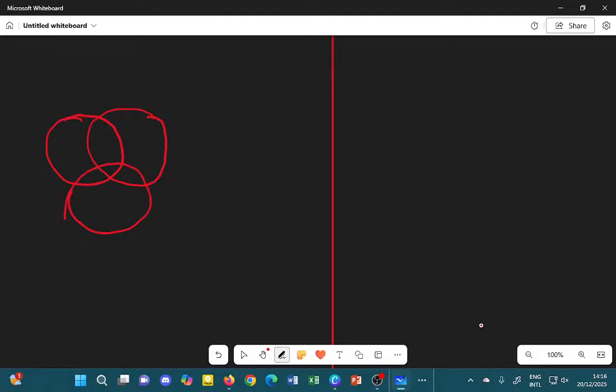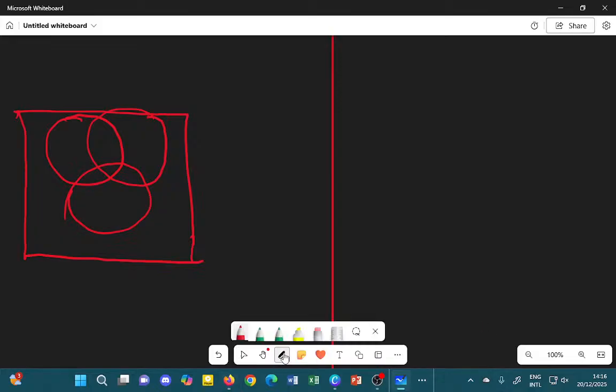And then they're enclosed in a rectangle as such. So that's a sketch, and I hope it communicates the message.